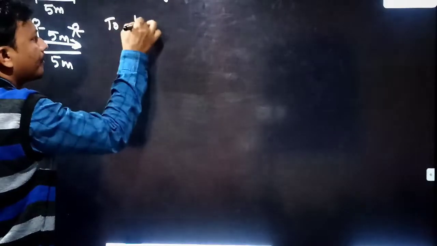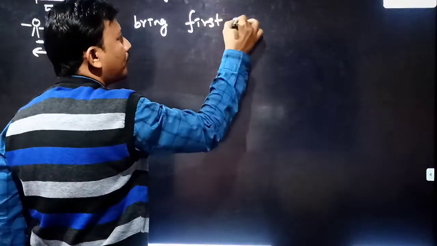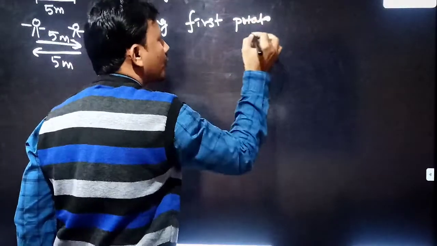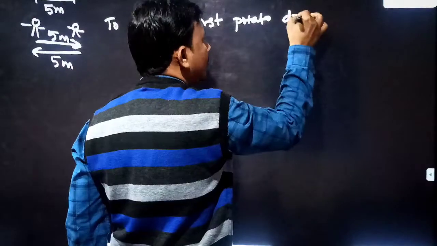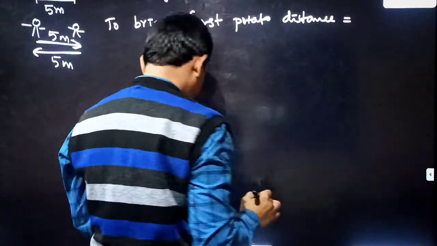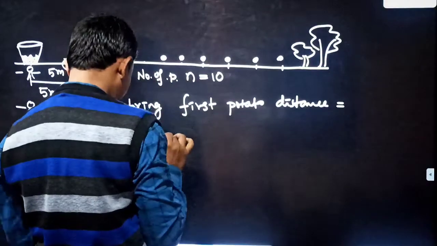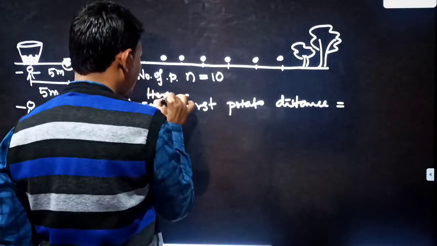To bring first potato, distance is equal to... look here, the distances between potatoes are in AP. Yes or no?